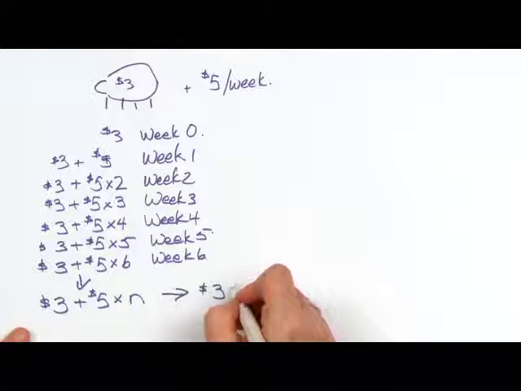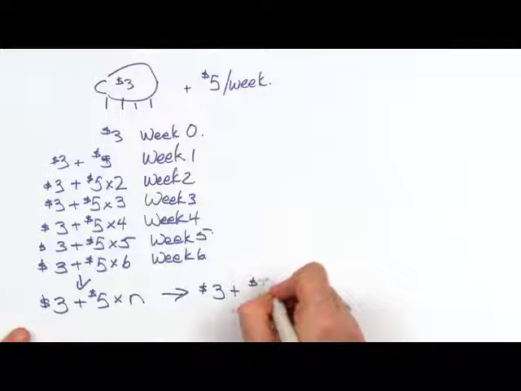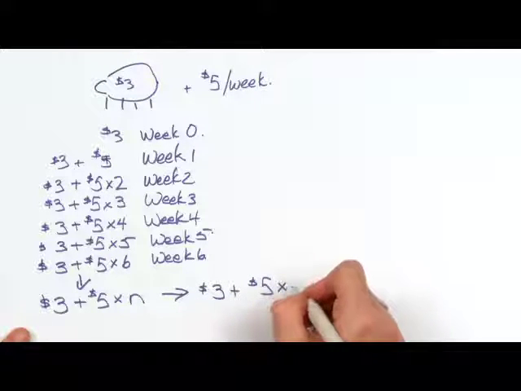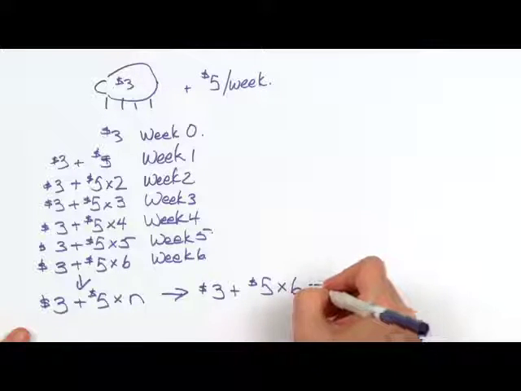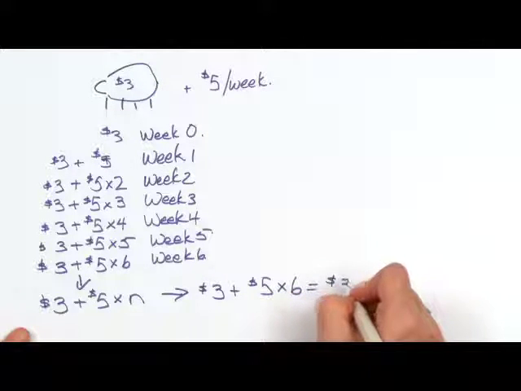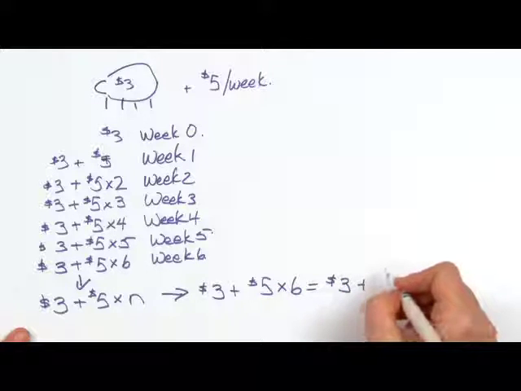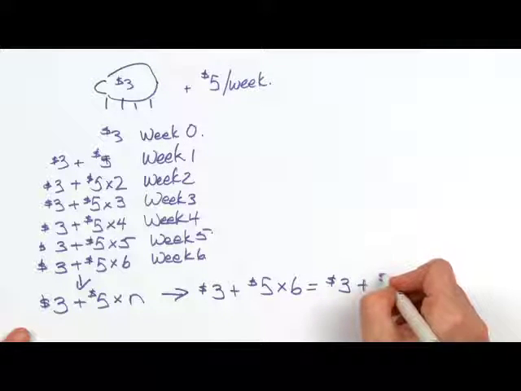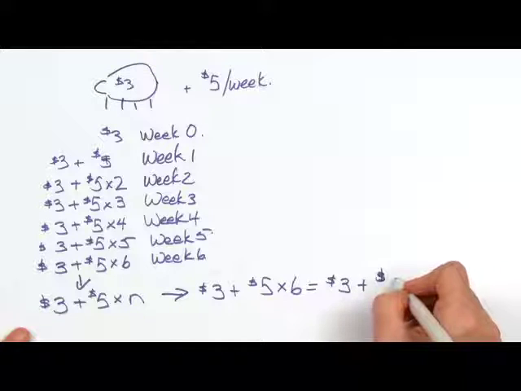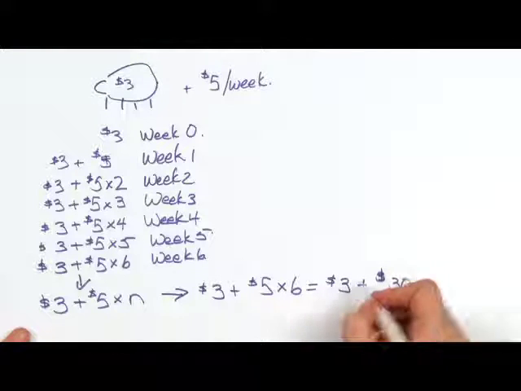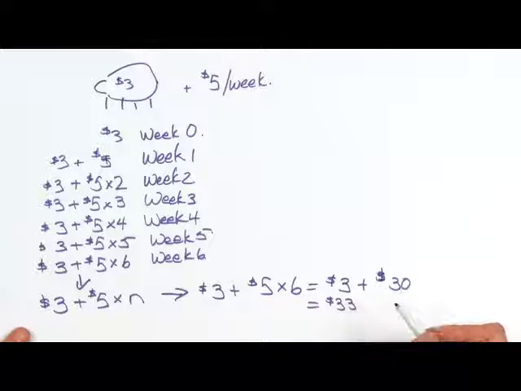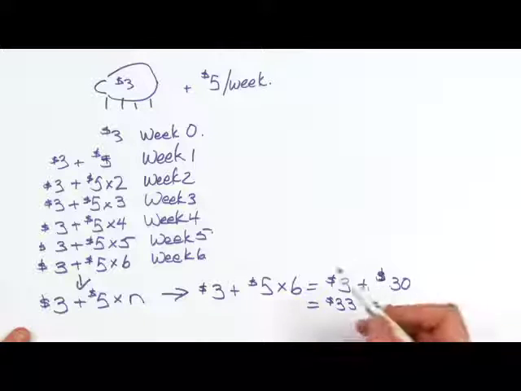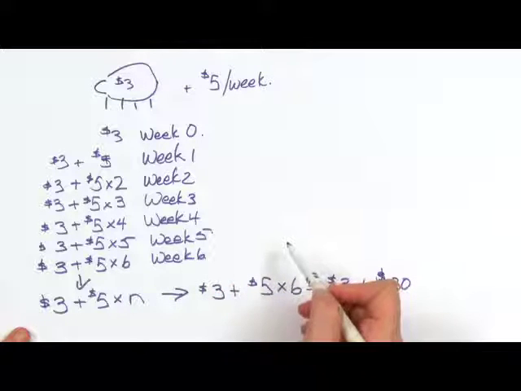We have $3 plus $5 times 6 in this case, which will give us $3 plus 5 times 6, which is $30, which equals $33 at the end of 6 weeks. We can continue to use that expression to find out the number for any number of weeks.